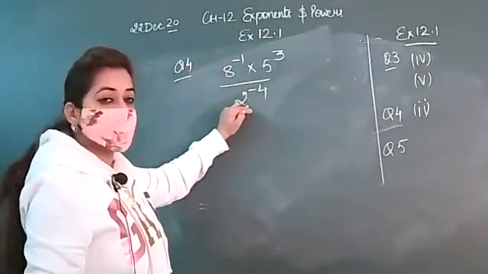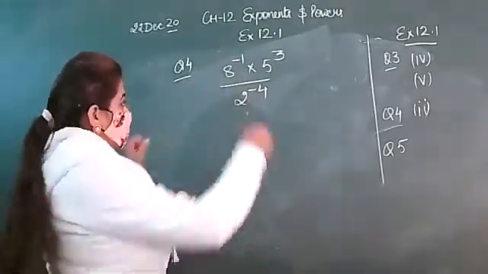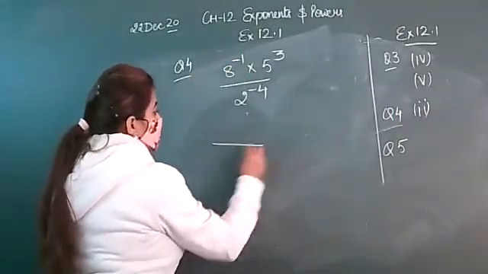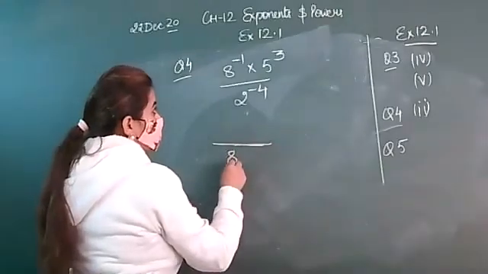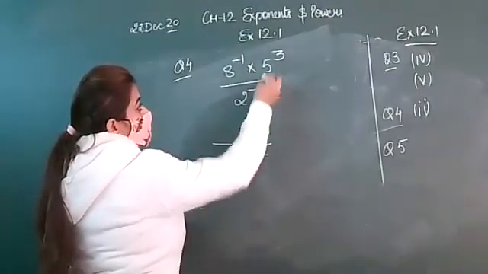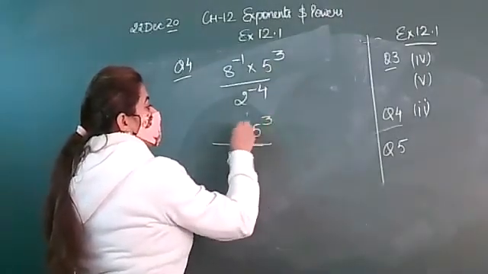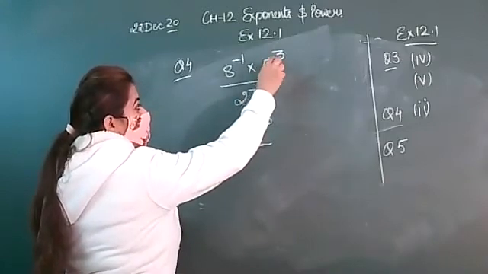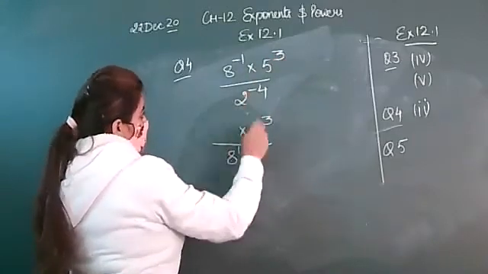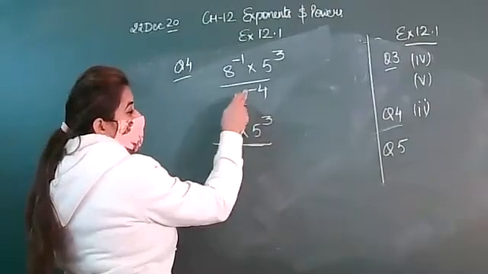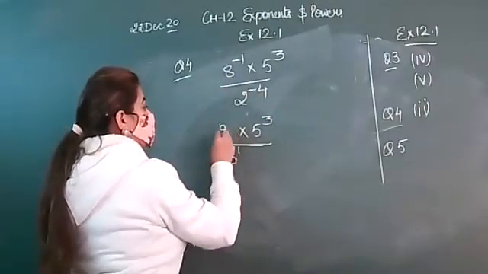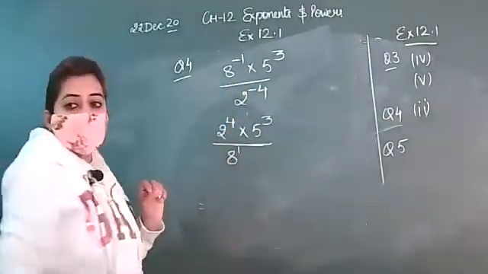So if you make the reciprocal, it will come in the numerator. So 8 will be written here in the denominator, that will make the power 1. 5 raised to power 3 is the same because it doesn't have a negative power, so it will be kept the same. Now this negative power, when you shift it to the numerator, it will become 2 raised to power 4.